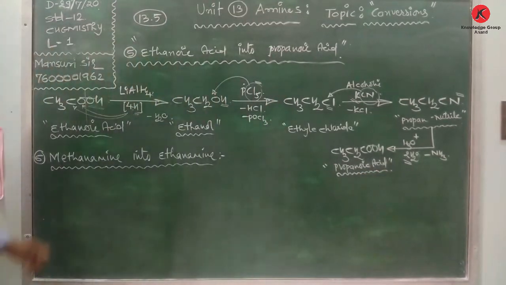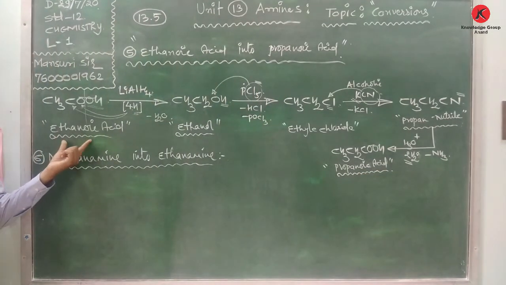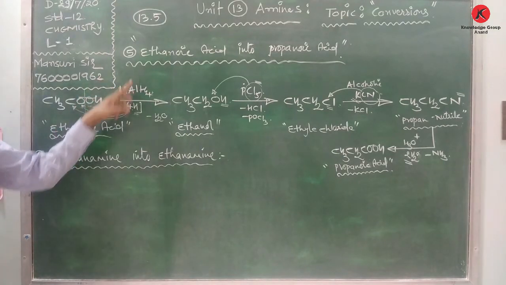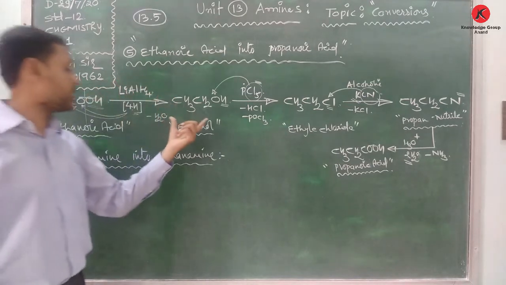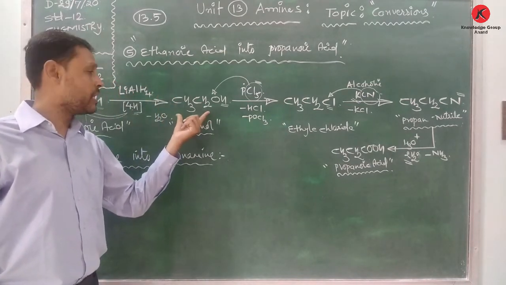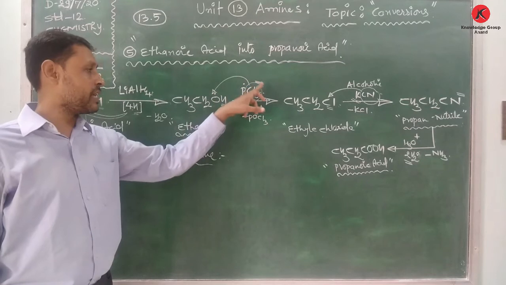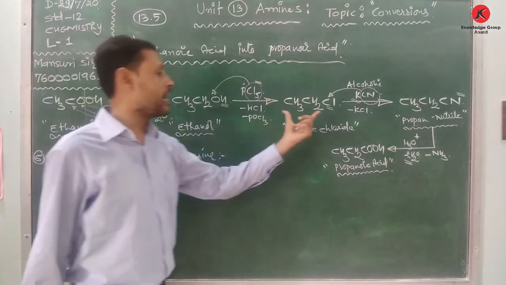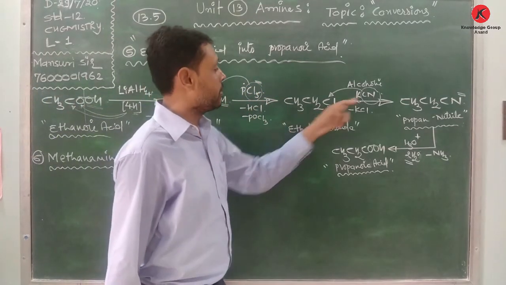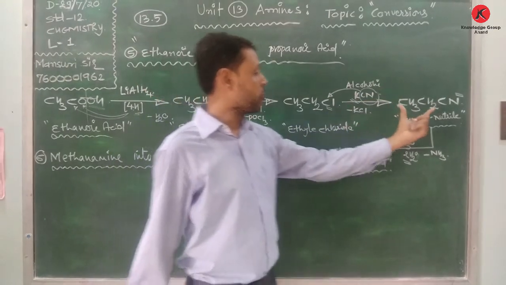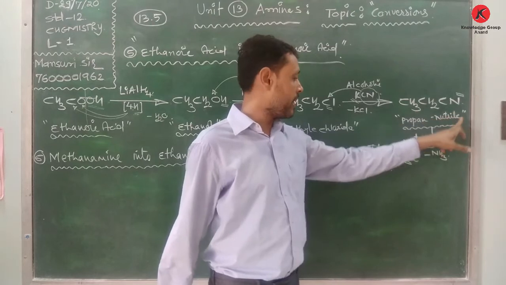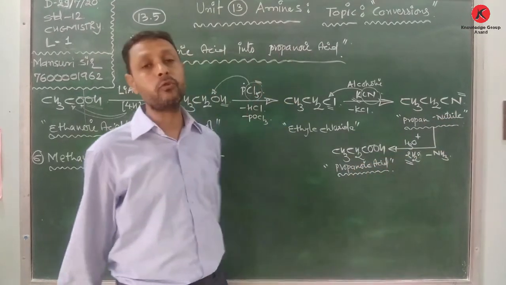Okay, so we can say that ethanoic acid, when it reacts with lithium aluminium hydride, which is a strong reducing agent, that is why ethanol is obtained. After getting ethanol, PCl5 is used, that is why ethyl chloride is obtained, and by mixture with alcoholic KCN, propane nitrile is formed, and by hydrolysis you can obtain propanoic acid.